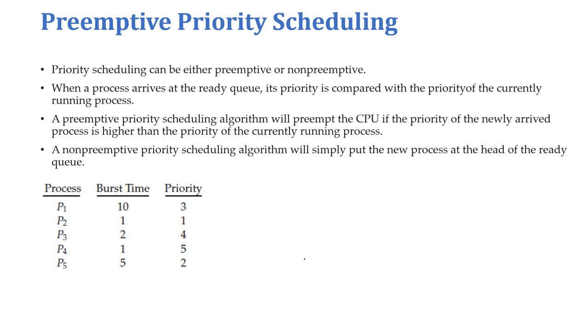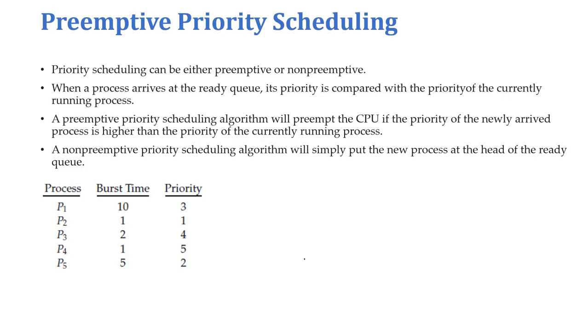Preemption means that all the processes will be given an arrival time, so the processes arrive at different timings. When a process arrives in the ready queue, we first compare its priority with the currently running process. If the upcoming process has a higher priority, the currently running process is preempted and the chance is given to the newly arrived process.